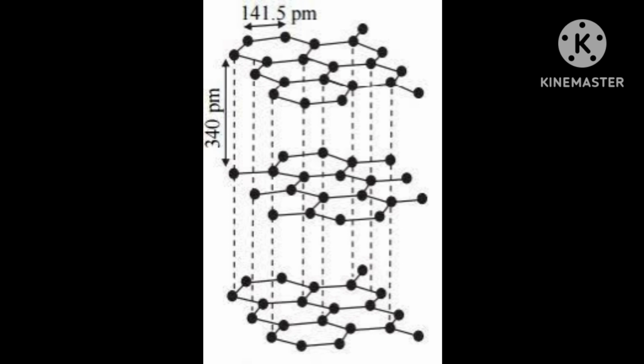Actually, here what is happening is that in solid state, you know that all things are made from atoms, all solids, liquid, gas. Gaseous molecules are free to move, they can make any shape.